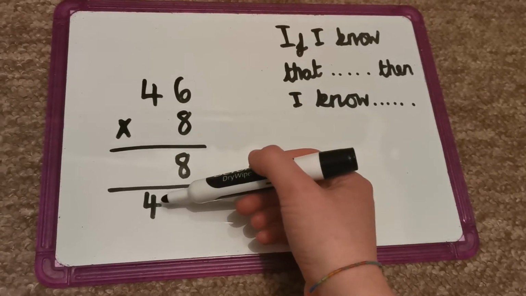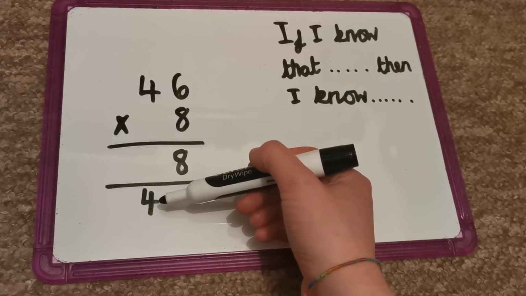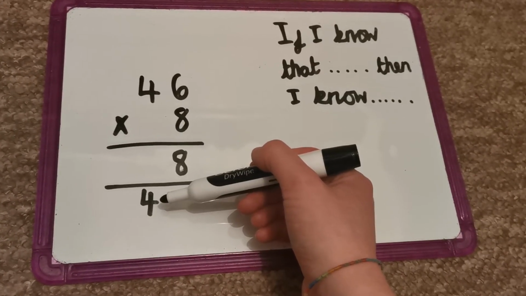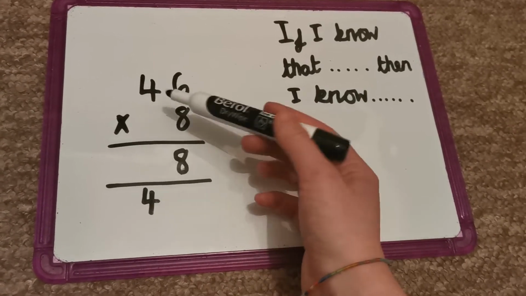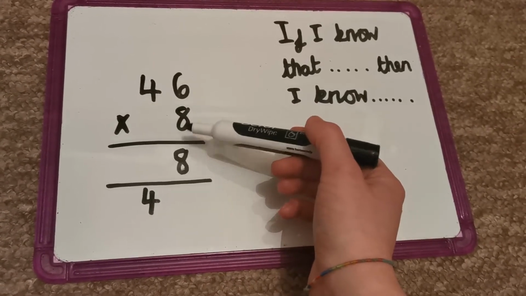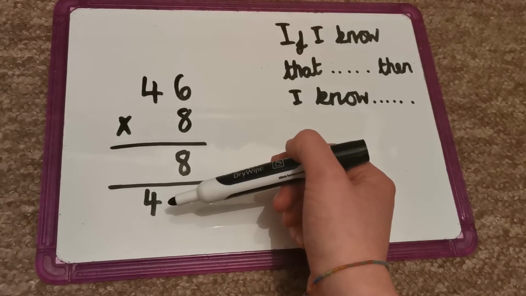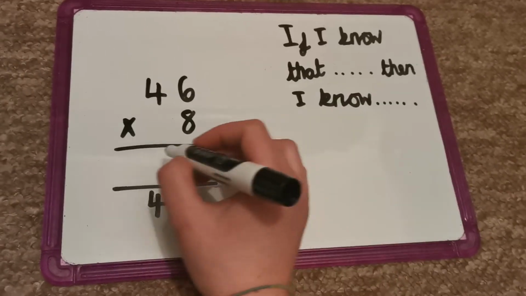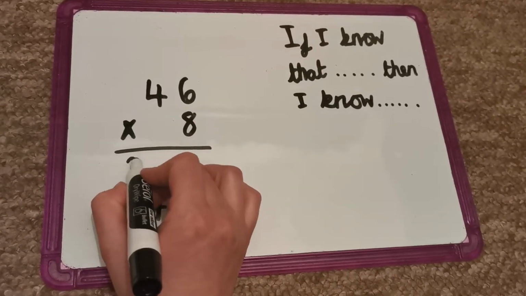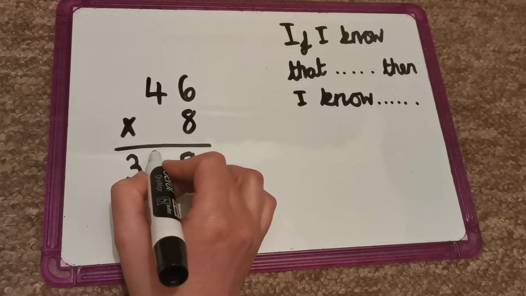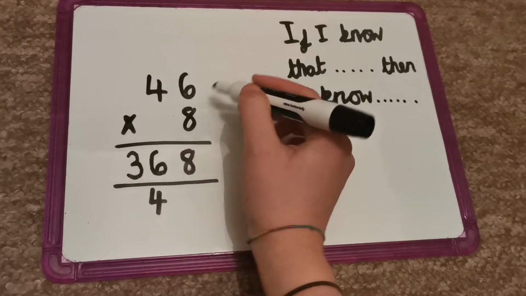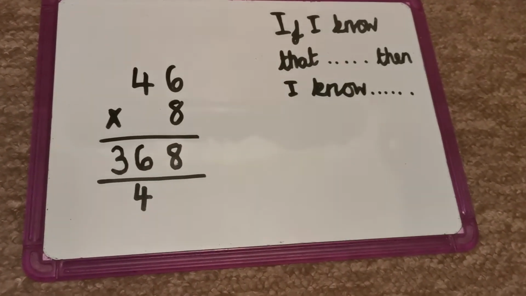Plus, I need to add an extra 4 tens. So 4 times 8 is 32, plus 4 is 36. That's 36 tens, which is 360.